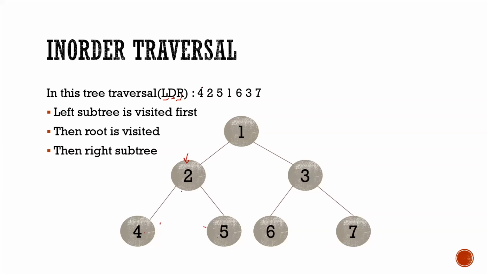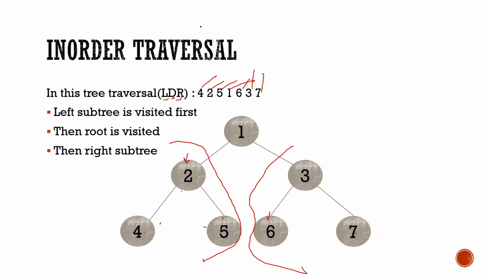That's why 4 first, left, then data part 2, that is the root node, then 5, that is the right node. So this is completed. Since the left subtree of node 1 is completed, next is the data part 1, then the right subtree, whose left, data, and right are 6, 3, and 7. So first left is 6, then data part 3, then right node is 7.